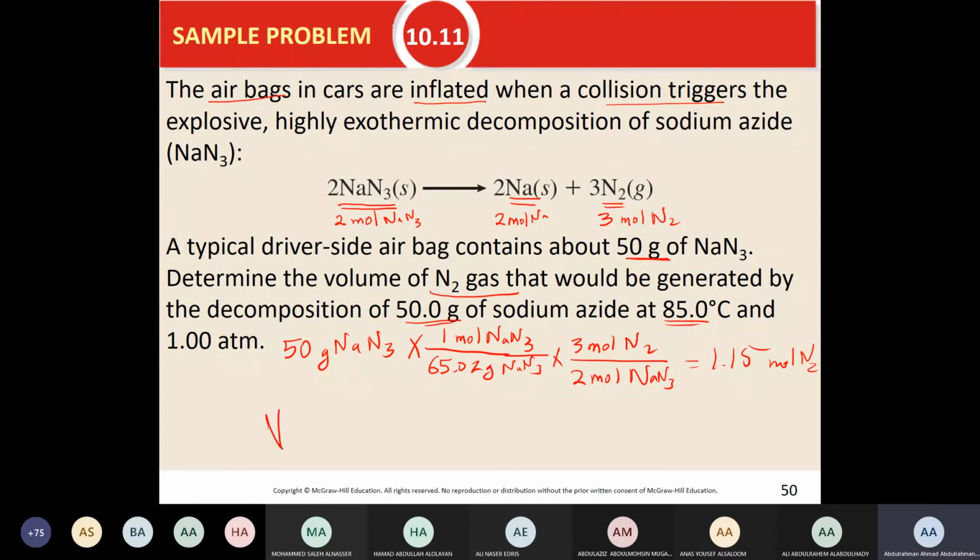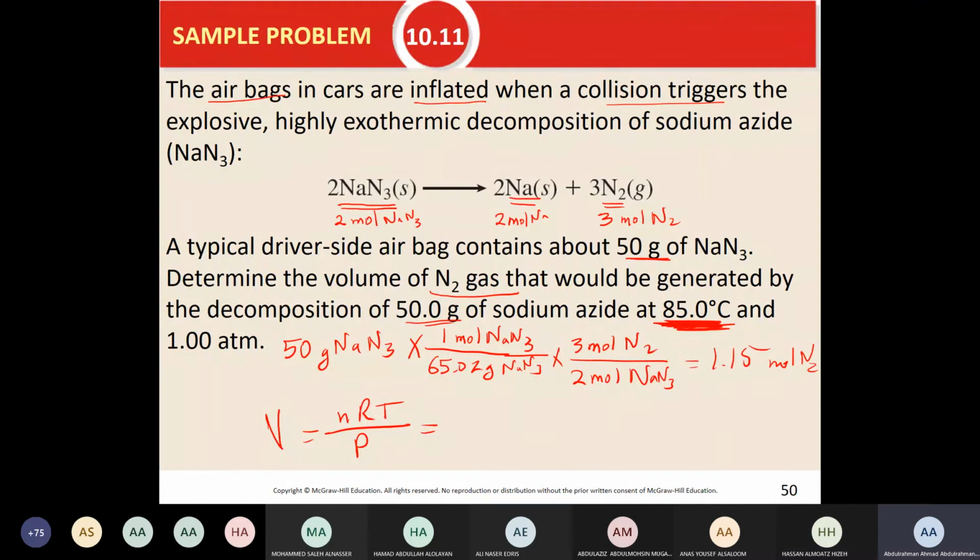Now tell me what's the volume. What is it? Multiply by 22.4. No, wrong. Why is it wrong to say multiply by 22.4? Because it is not STP. Is this STP?